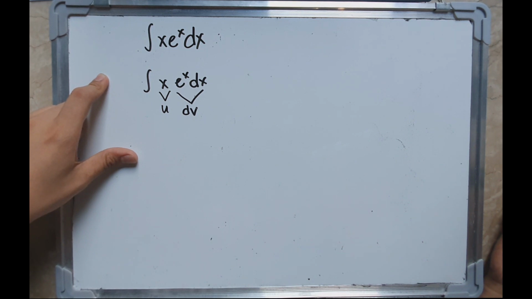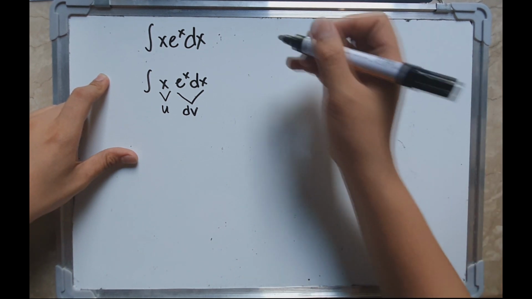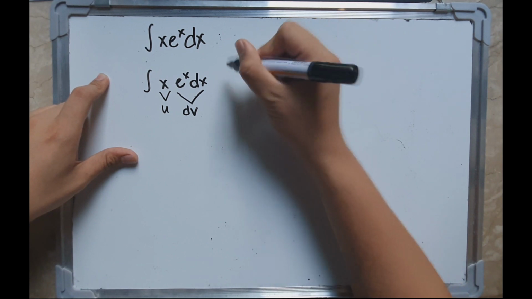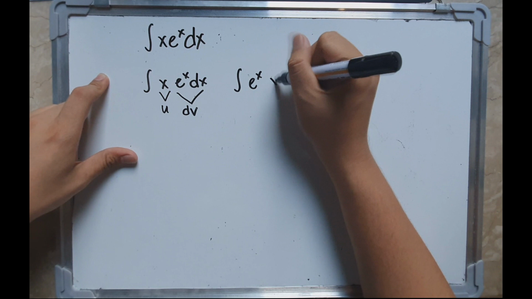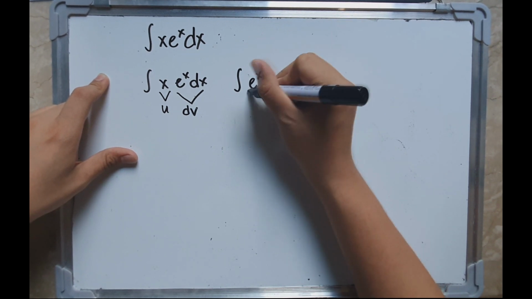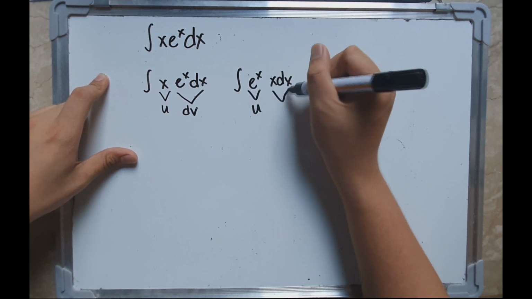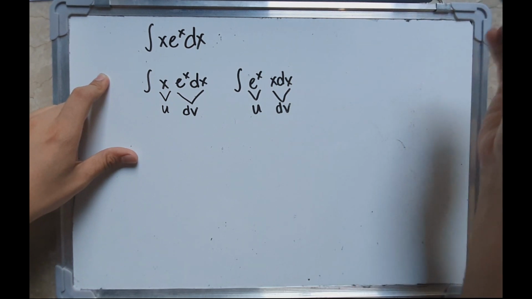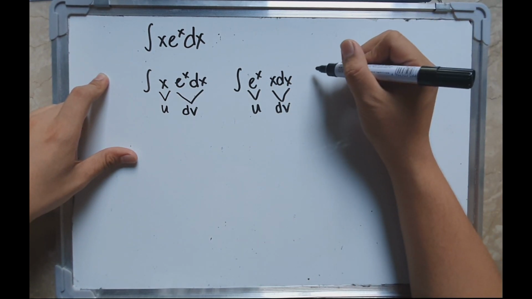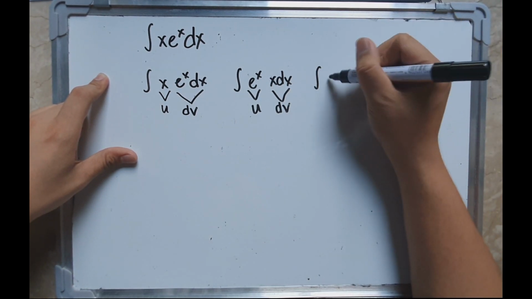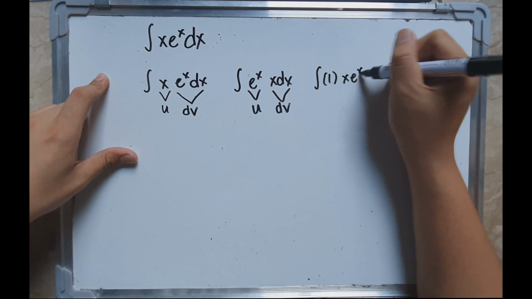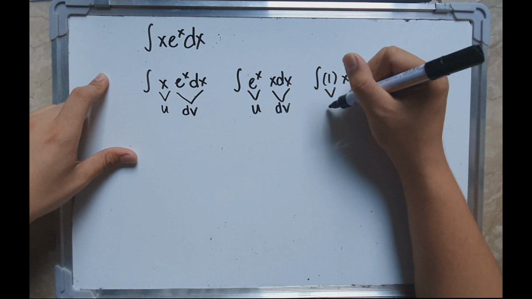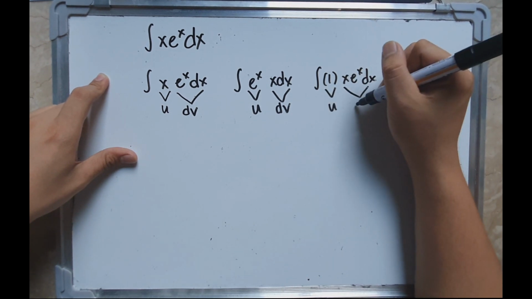Another possible assumption, we have e to the x dx as the u and x as the dv. Another possible assumption, let's have 1 over x e to the x dx, this one as the u and this one as the dv.